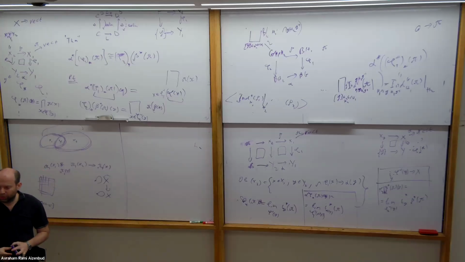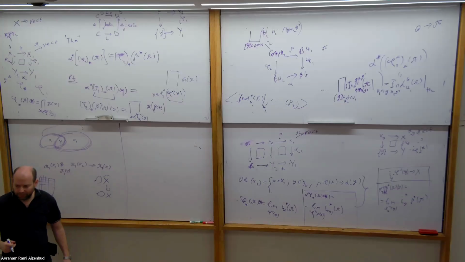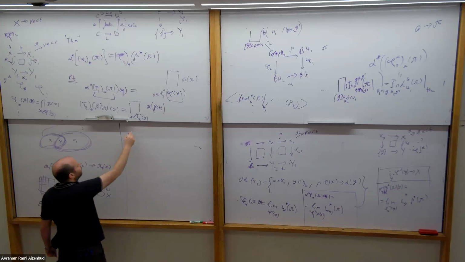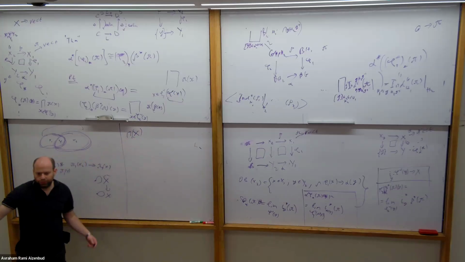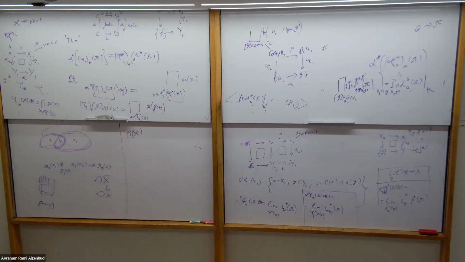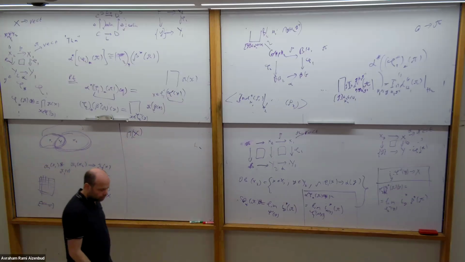Do you know the notion of fundamental groupoid? Was it not discussed? Yes, it was. So for any space X we have pi1 of X, where objects are points of X, morphisms are passes up to homotopy, and composition is concatenation of passes.